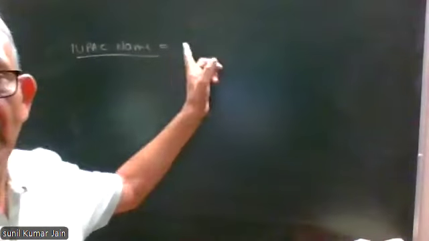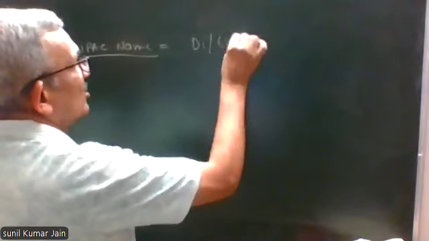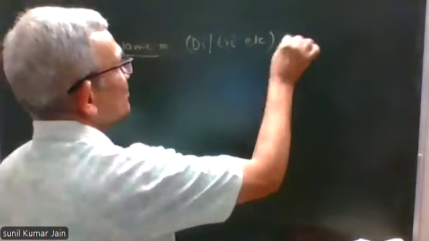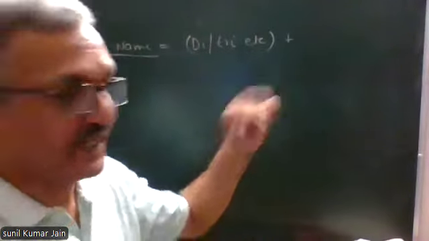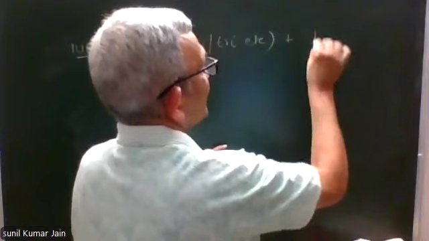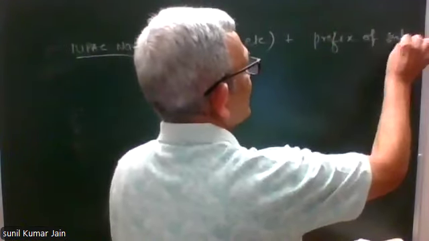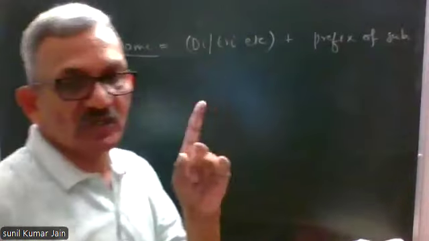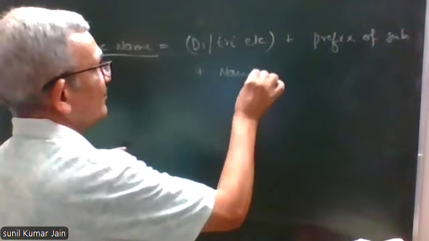In that case, the IUPAC name will be equal to di or tri, etc., as the case may be. It starts with di, tri, right? Plus prefix of substituent, followed by name of alkane.